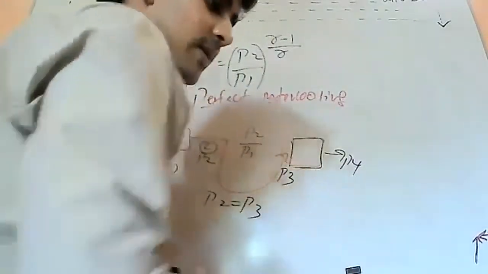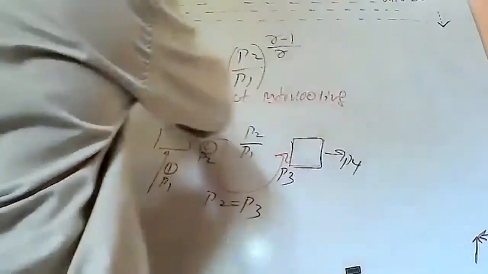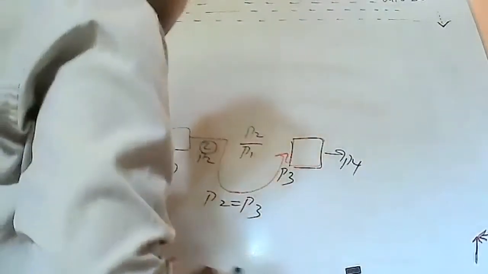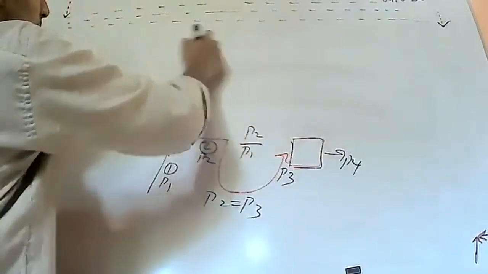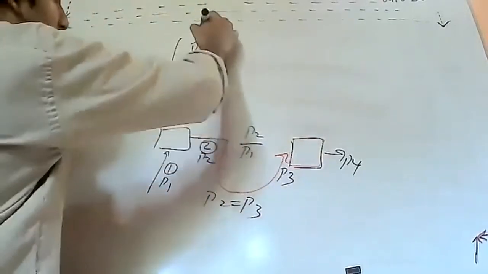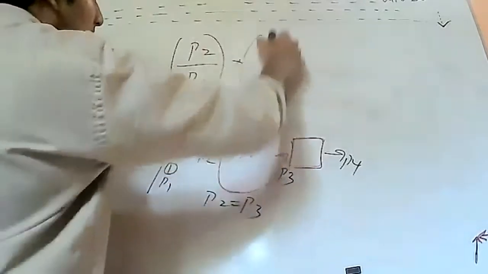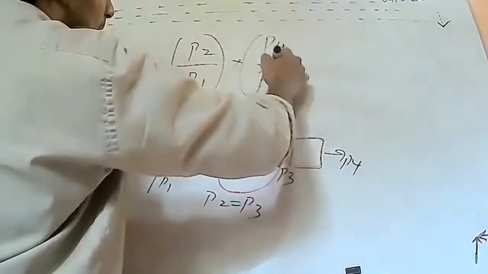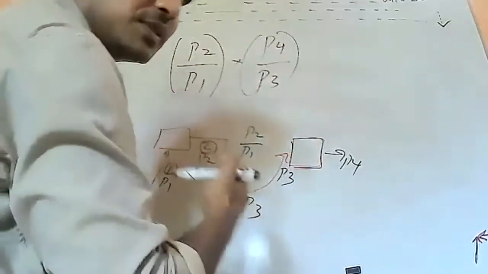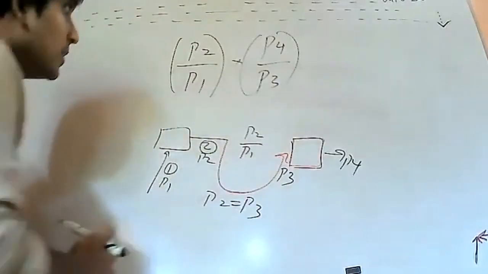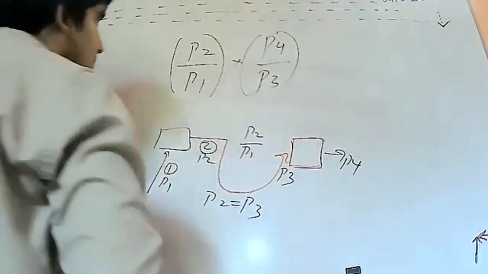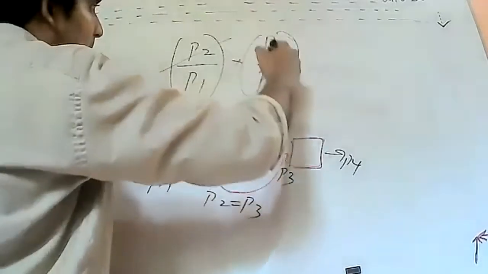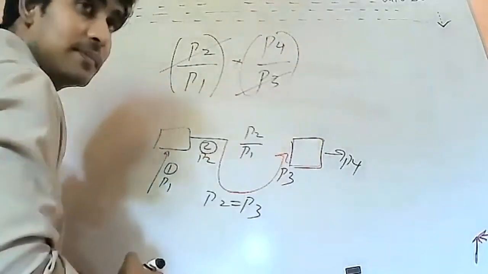Now I will erase this and say the overall compression ratio is P2 divided by P1 for the first compressor, then P4 divided by P3. This is the overall compression ratio. But this P2 is the same as P3.